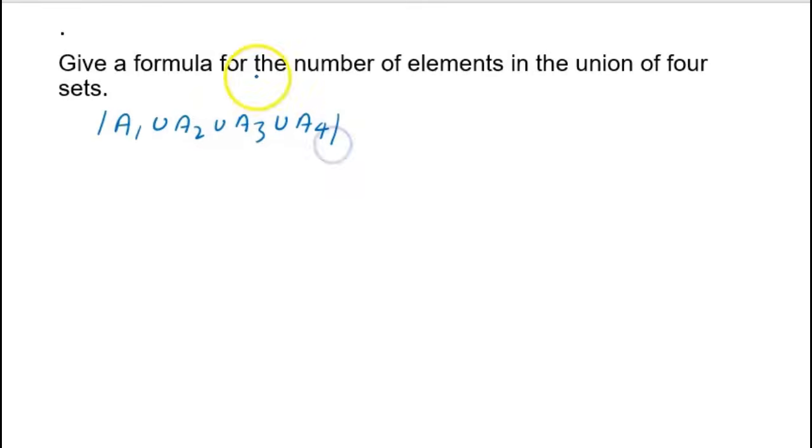First thing is that it will have 15 terms in the right hand side, because when we had two sets we had three terms, that was 2 square minus 1. When we took three sets, then we had 7 terms, that is 2 to the power 3 minus 1. When I am taking 4 sets, then we will have 2 to the power 4 minus 1, that is 15 terms.